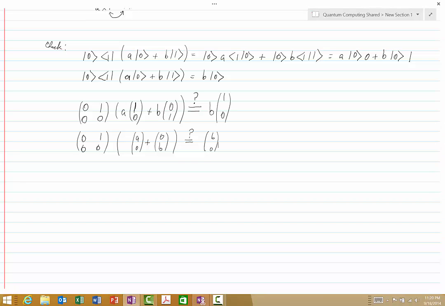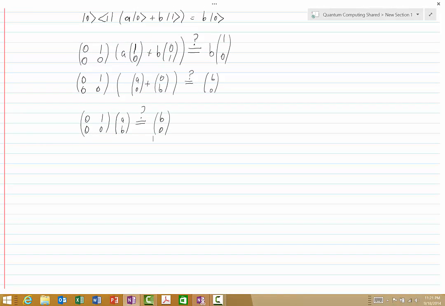Now it's not perfectly clear yet if this is correct or not, so let's go one more step. In fact, a couple of more steps. So we have the matrix 0, 1, 0, 0. And now when we add the column vector A, 0 to the column vector 0, B, we get the column vector A, B. And we ask if that is equal indeed to B, 0. And now we're ready to do our matrix multiplication.